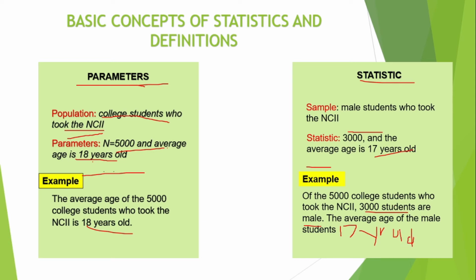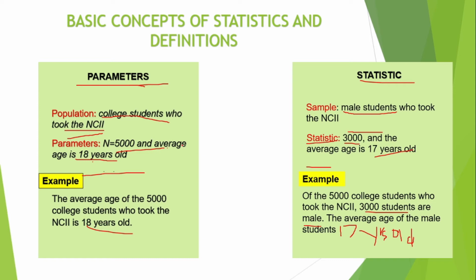Okay. So, 17 years old. And our sample, male students who took the NC2. So from the population, college students. Tama? And from the sample, we get only the male students. And our statistic here is, ilan yung male students? We have 3,000.